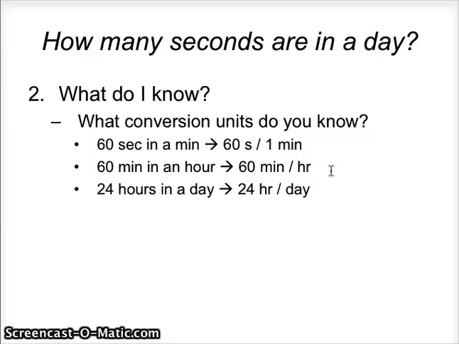And you know that there are 24 hours in a day, so you'll write it as 24 hours per day. That's kind of how the conversion factors work. When you look at the conversion factors tomorrow, the sheet that I'll be providing for you will give it in a slightly different format, but in essence, it'll be used in the same way.